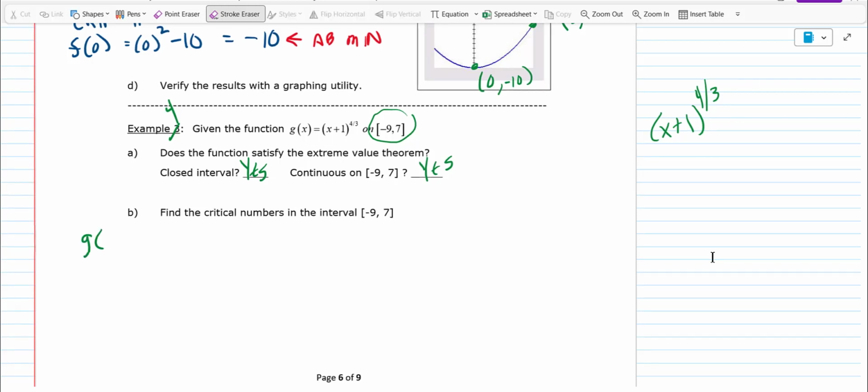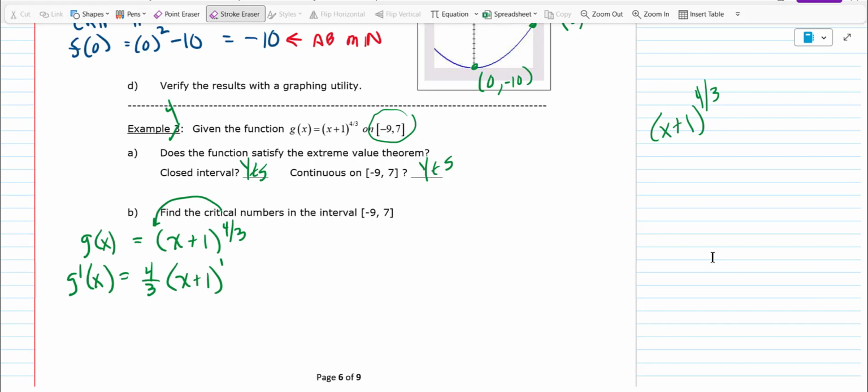Okay, so what we do is we move on to the critical values. And what do you do to find critical numbers? You do the derivative, right? This is a chain rule. So when we do our derivative, it's going to work kind of like a power rule. We're going to bring the 4/3 down, subtract 1 from the exponent. You can do it in your head.